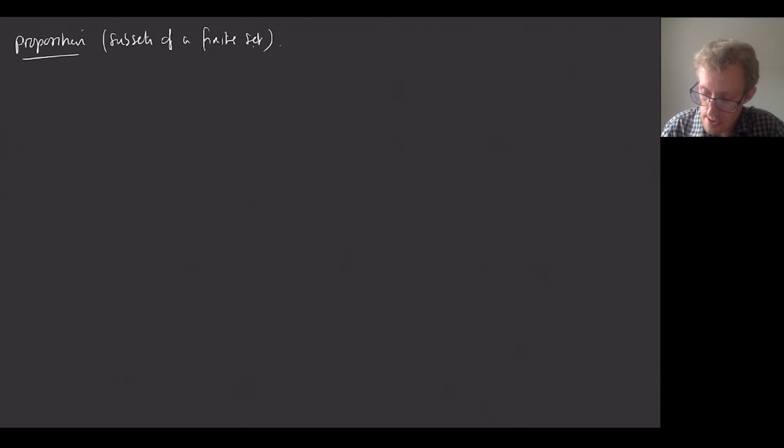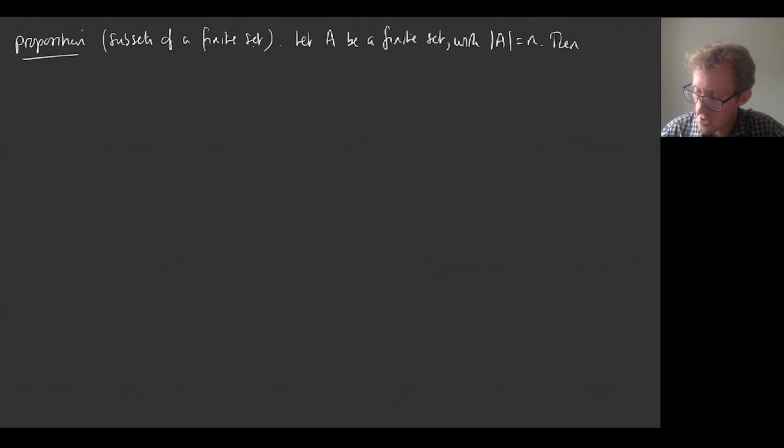So I'm going to let A be a finite set with cardinality n, and then the proposition is that the cardinality of its power set is 2 to the n. I've just managed to fit that on. If you remember, the power set is the set of all subsets of A, and so the cardinality of the power set is the number of subsets of A.